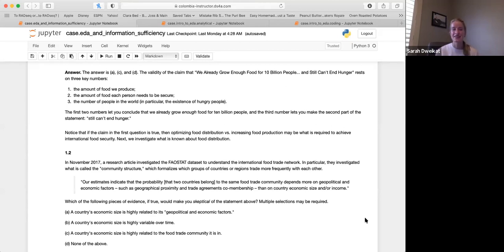Okay, so that is a very complicated statement. So let's think about what they're actually saying here. They're saying that the probability that two countries are trading with each other, providing food to each other, depends more on their geographical proximity, how close they are to each other, their relationship to each other in the world, are they near or far from each other, and then the trade agreements that they are part of.